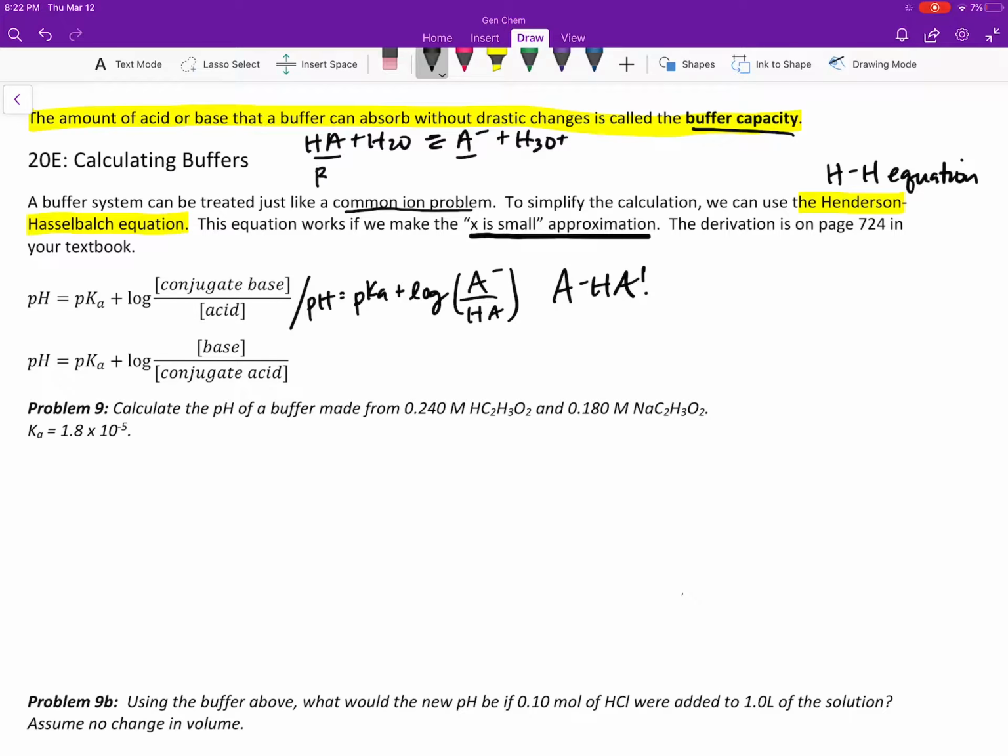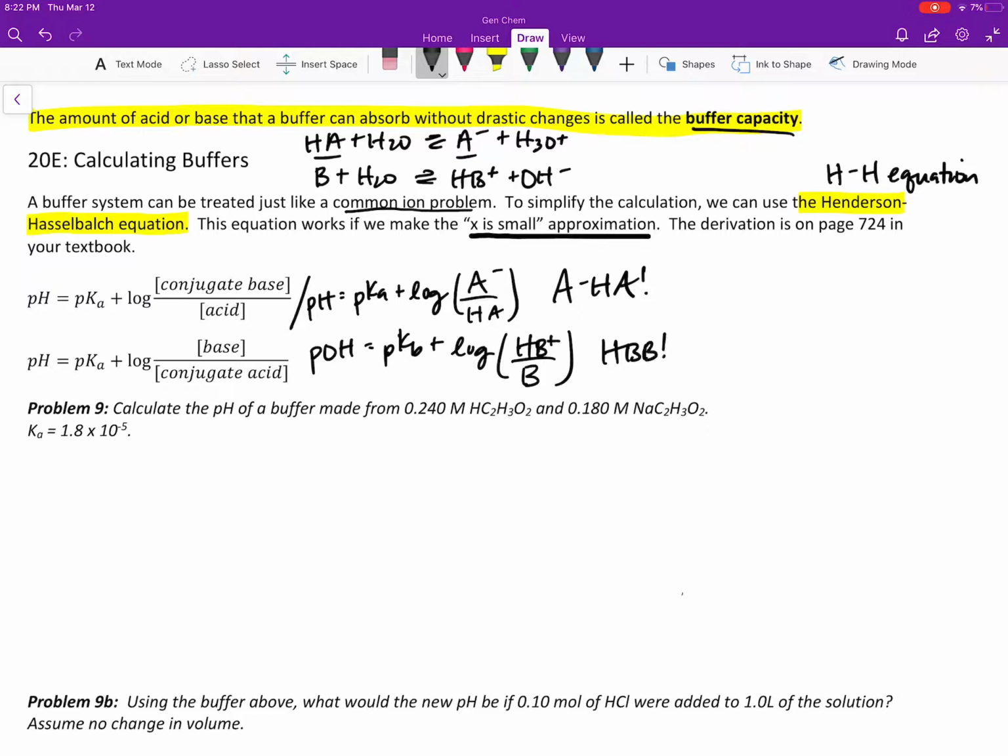So if we think about base plus water giving HB plus and OH minus, well, in this case, it's going to be the pOH is equal to the pKb plus the log of hubub. I don't know, I can't think of another one.